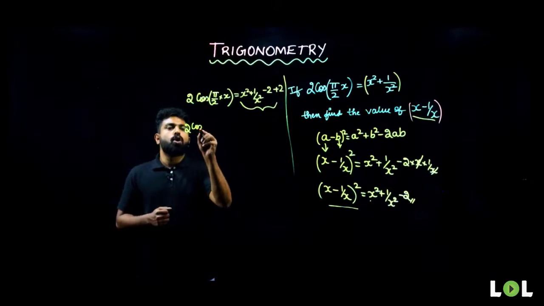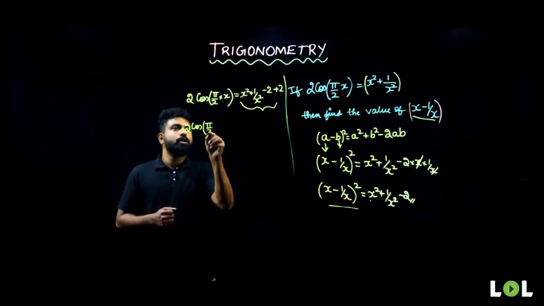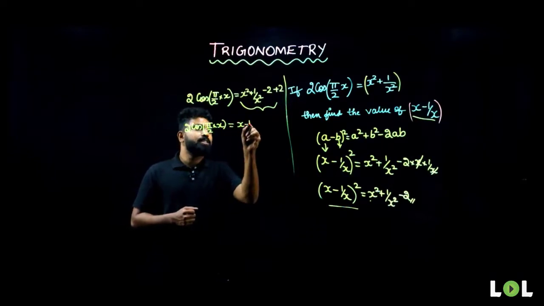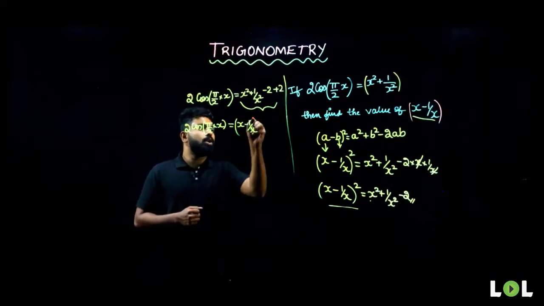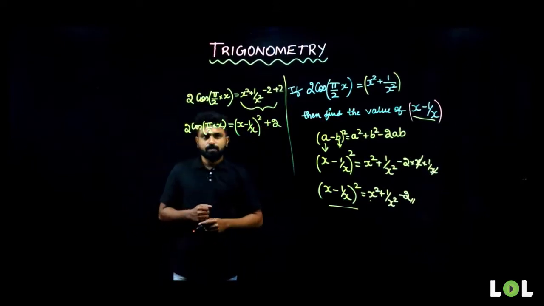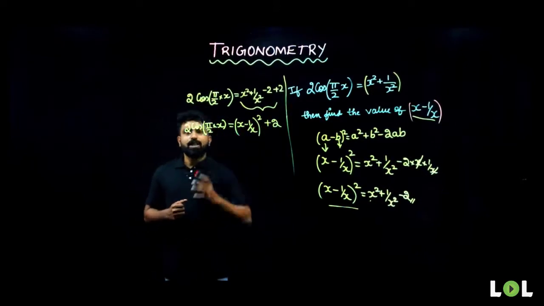So 2 cos of pi by 2 into x will be equal to x minus 1 by x the whole square plus 2 here. So now, how to solve this?